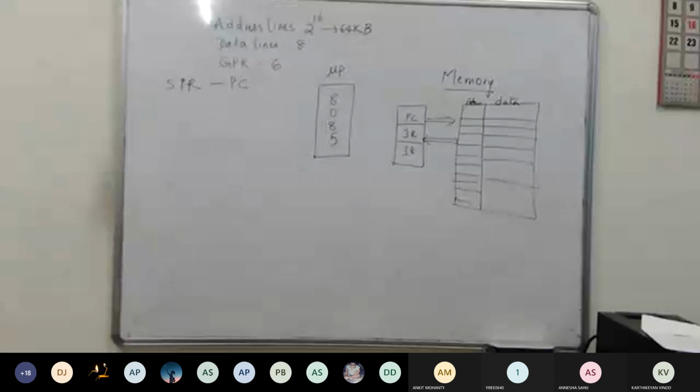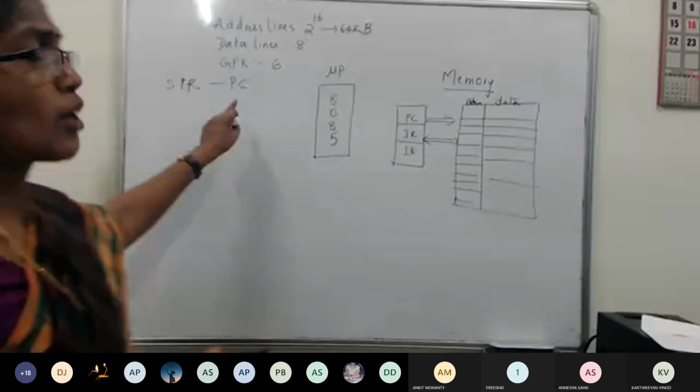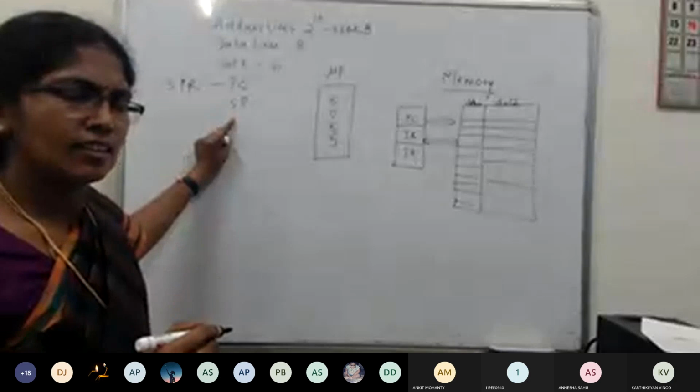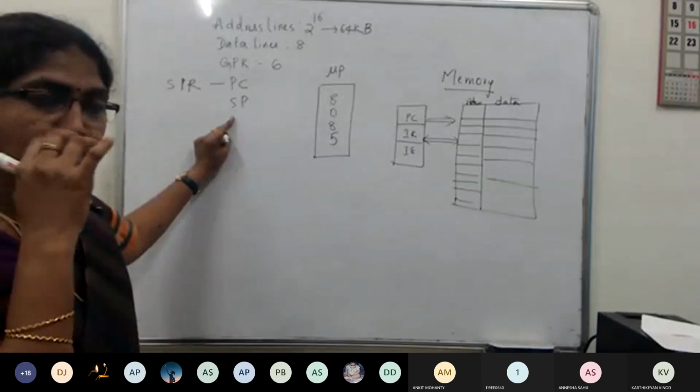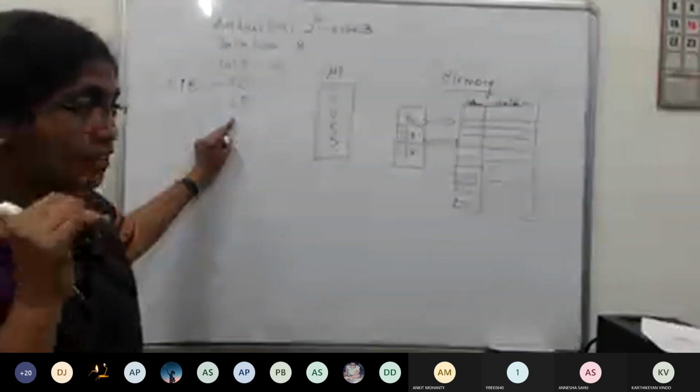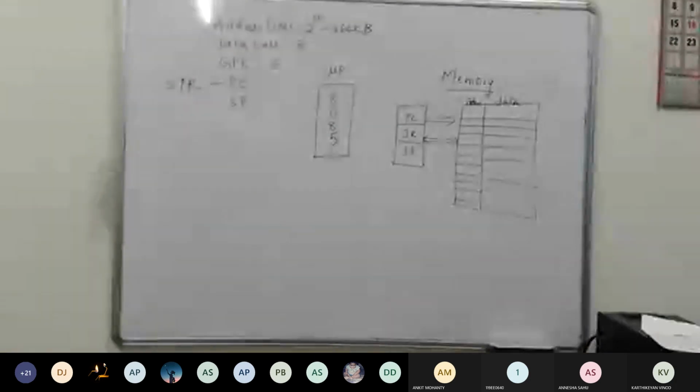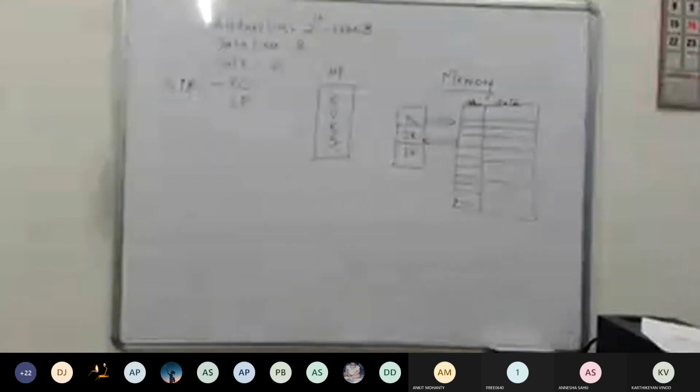Isn't it? Anything else? A third one? Hello? You guys are there? Yes, ma'am. Is that third one existing? One is the stack pointer, the other one is what? Only these two are there.